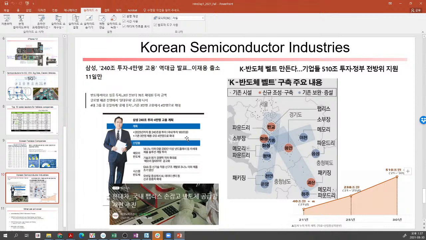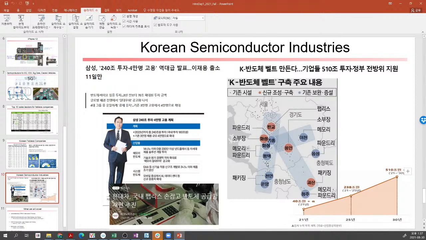Worldwide, the number one foundry company is TSMC, the Taiwanese company. So Samsung is trying to catch up in the foundry business. And the government is also trying to support the semiconductor K-belt.